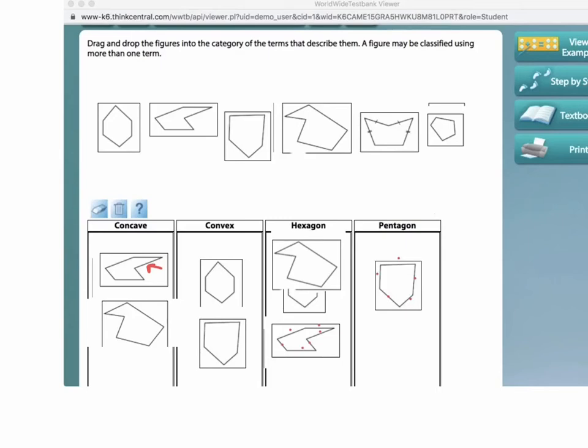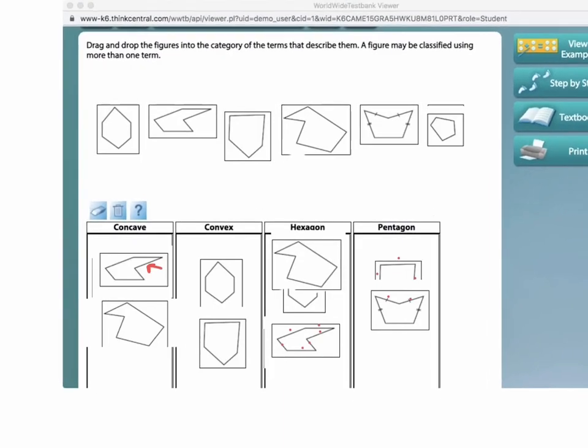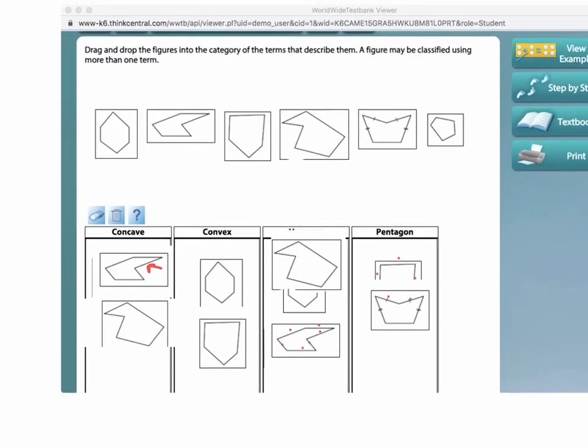Next shape is 1, 2, 3, 4, 5 sides. So that makes it a pentagon, and it has a concave angle, an interior angle where I can go outside of it like that. So I'm definitely going into a cave there, and that would make it concave. So I categorize it in the concave section.